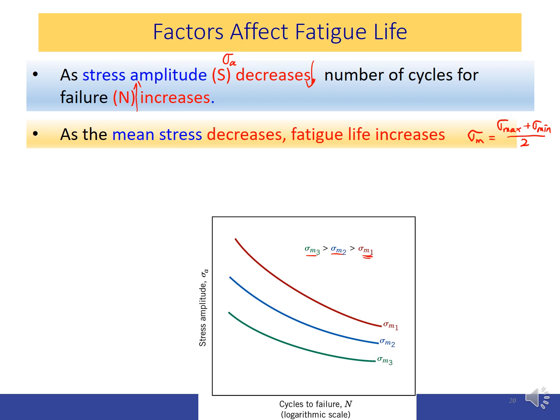Now sigma 3 corresponds to the line that is on the bottom, whereas sigma 1 corresponds to the SN curve on the top. So the bigger the mean stress, the lower the SN curve is positioned.